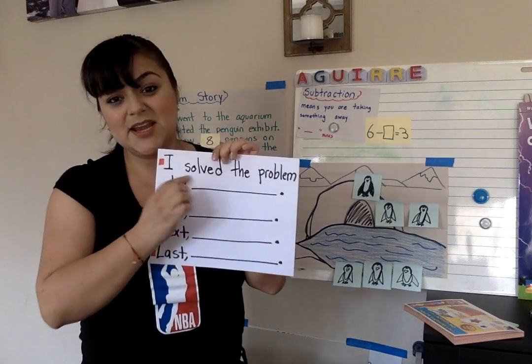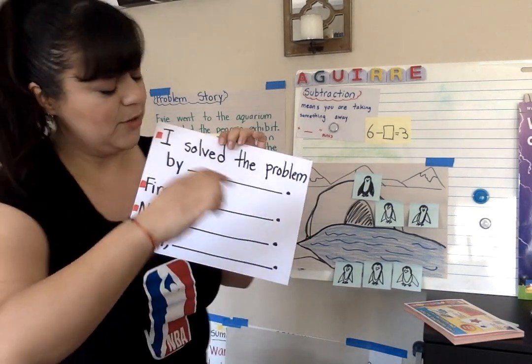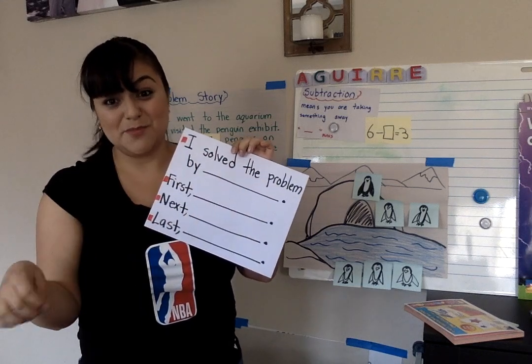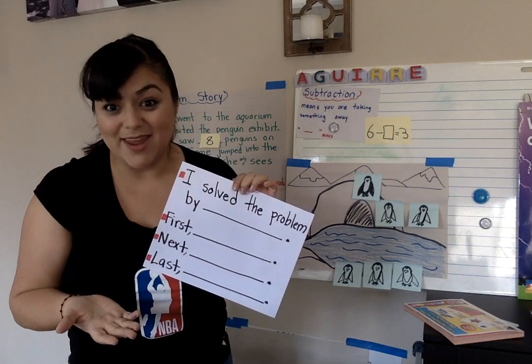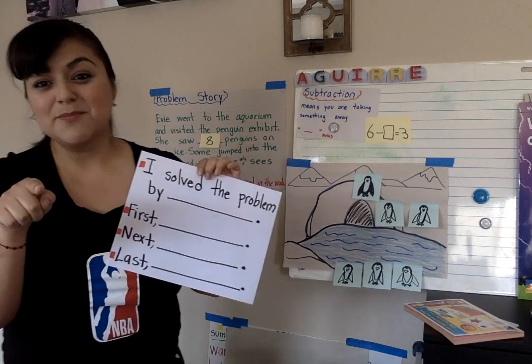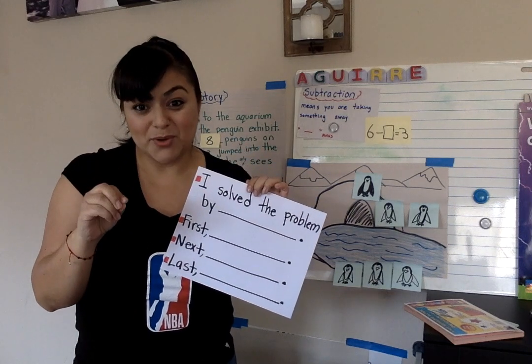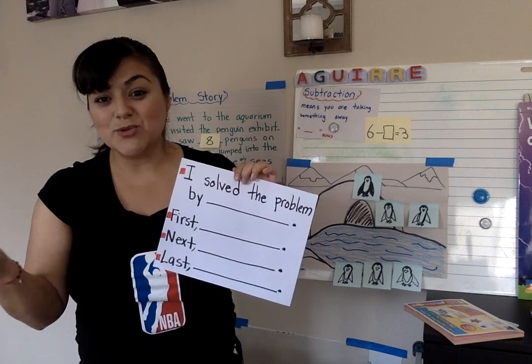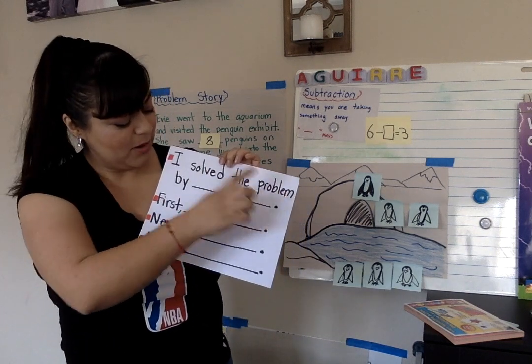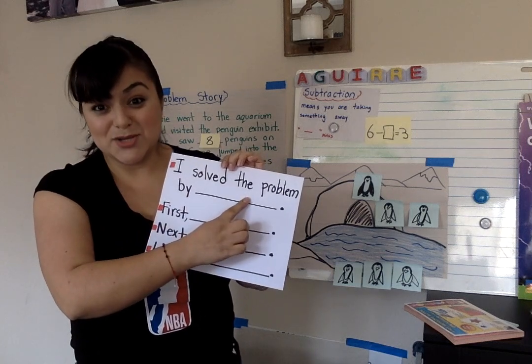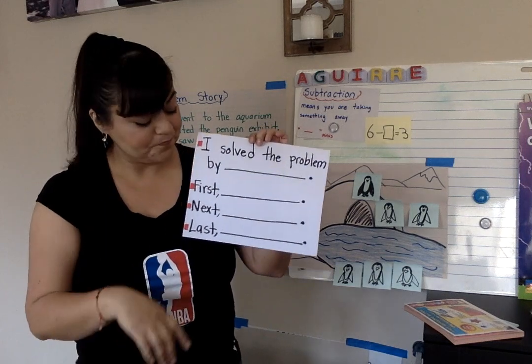Or you can say, Miss Aguirre, I solved the problem by counting some beans and taking some away. I've seen some of you do that strategy at home. That's great. I saw some of you cut up some papers and then take those away. Those are great strategies, so tell me how you did that. I solved the problem by using pictures and taking them away.